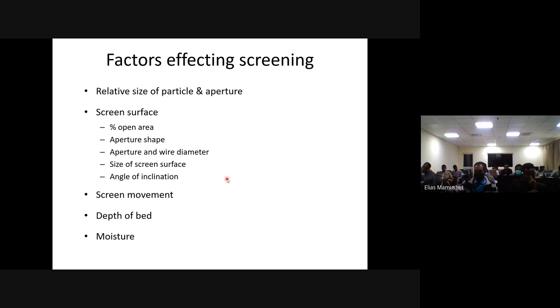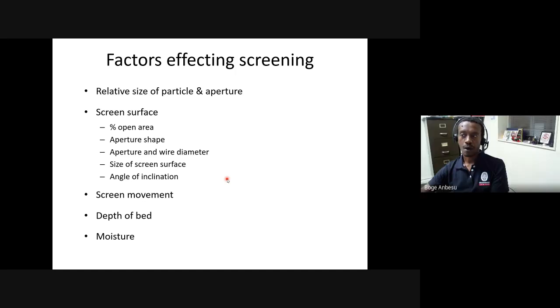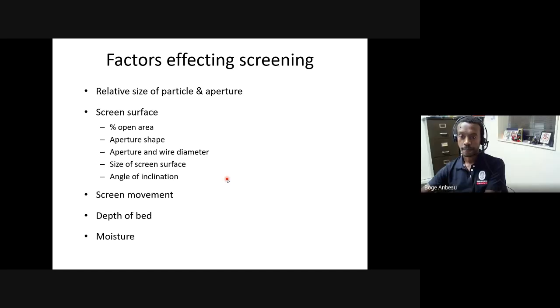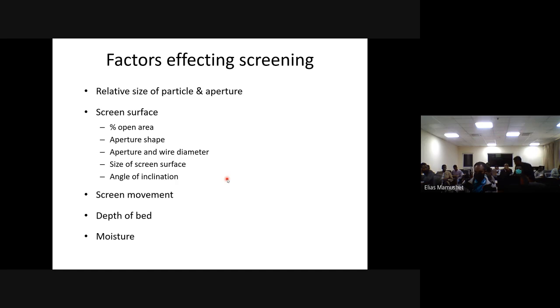My question is, I am only hearing part of what you are saying. For example, angle of inclination is one of the factors that we must take into account, as well as the efficiency and capacity of the screen.